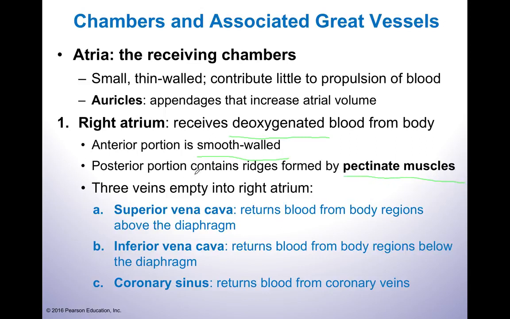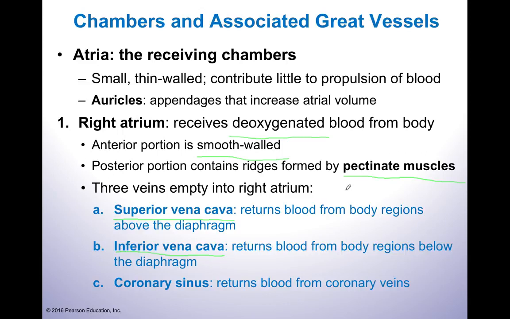We have three main veins associated with the right atrium, which means they bring blood back to it, because the right atrium is receiving blood. A couple of them should be very familiar: the superior vena cava and inferior vena cava. Superior returns blood from body regions above the heart, which implies your neck, your head, and your upper arms.